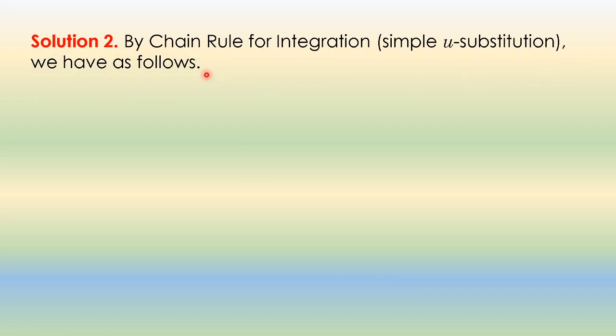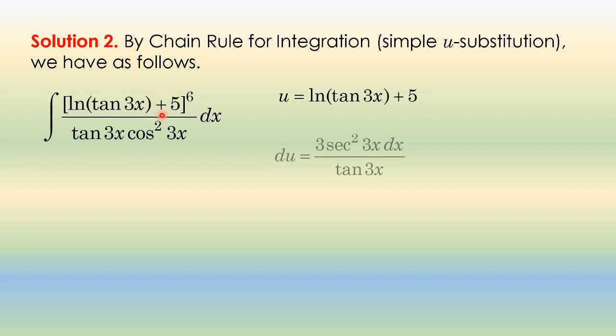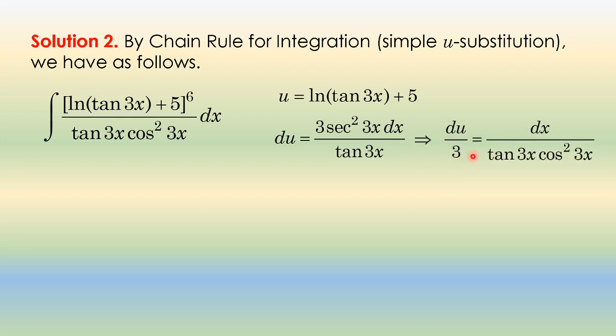Using u substitution, or the chain rule for integration, we are going to express this integrand in terms of u. This is the u, and this is supposed to be the du. But this du can be written du over 3, which is equal to dx over tangent 3x times cosine squared 3x, because secant squared 3x is 1 over cosine squared 3x from the trigonometric identity.